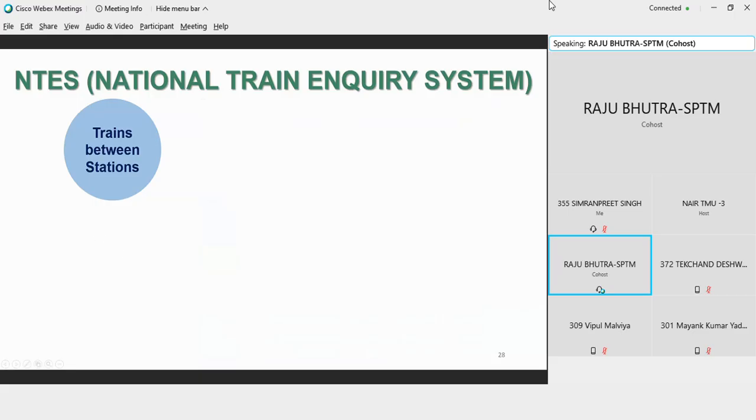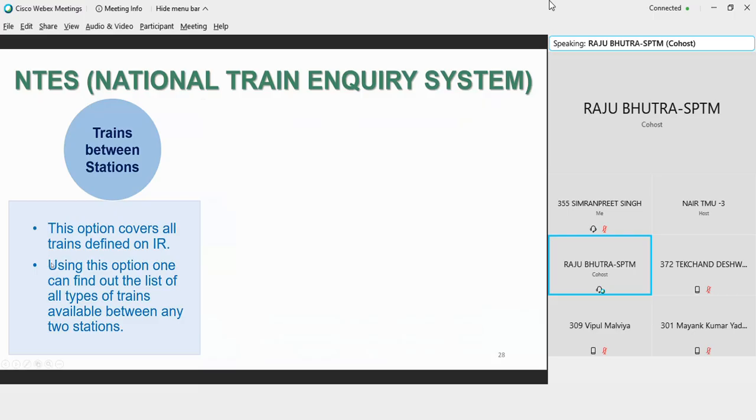Then train between stations. This option covers all trains defined on Indian Railways. Using this option, one can find out the list of all types of trains available between any two stations. So if you want to find out how many trains are available between any pair of two stations, then you can find out using this feature.